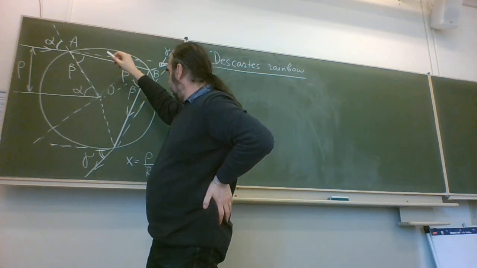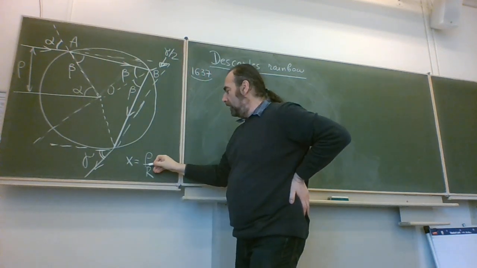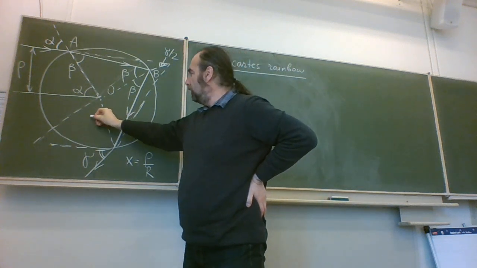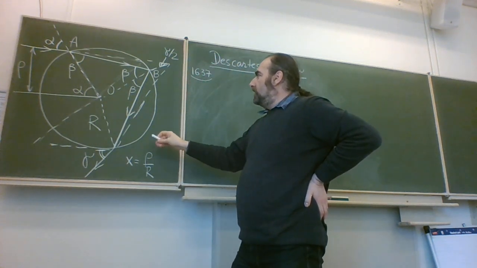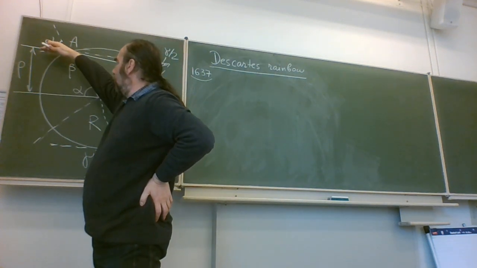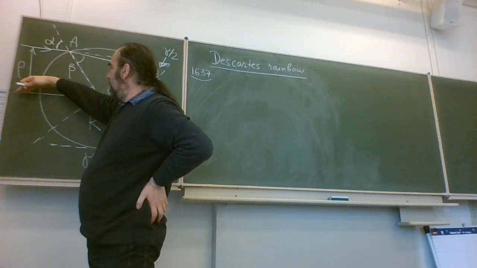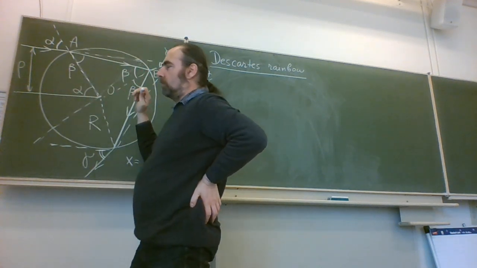Now I will denote by capital R the radius of the sphere. And this ray of light would be parallel to the Earth at this distance rho from the center of the droplet.